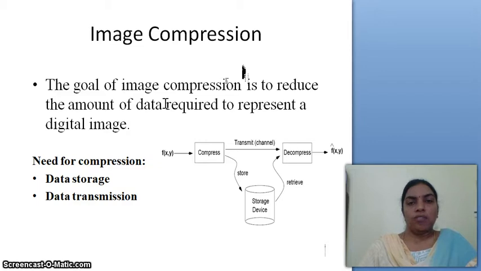So 10 kilobytes of memory is required to store that particular image, a very simple, low contrast, low resolution, low size image.